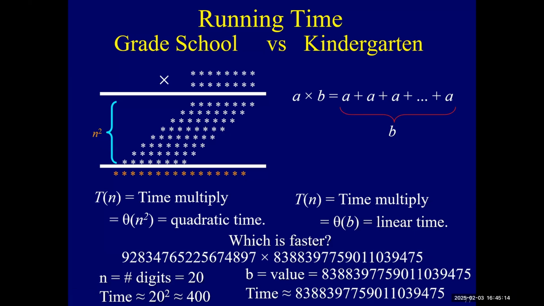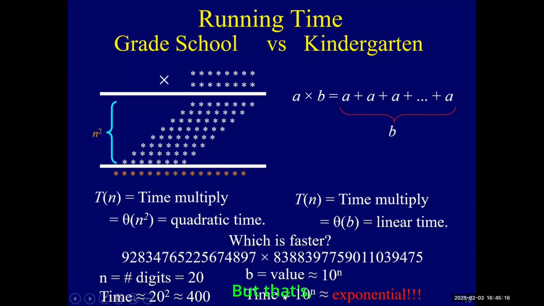But the value is exponential in the number of digits. So in terms of the number of digits, if n is the number of digits, this algorithm is n squared, and this algorithm is exponential in n. And it's either base 2 or base 10, depending on whether these are bits or digits, and I don't care. Everybody buy that?